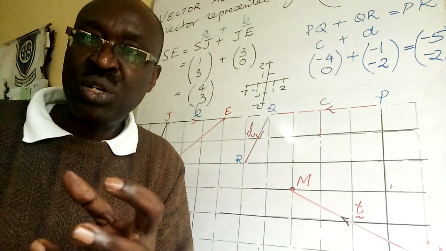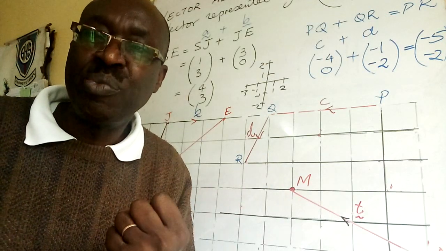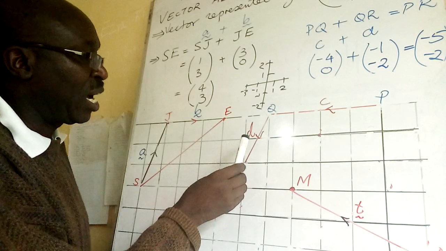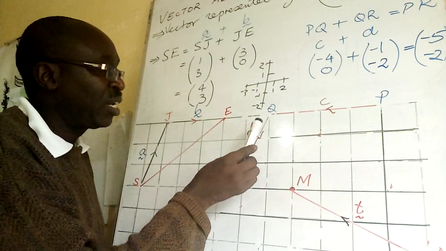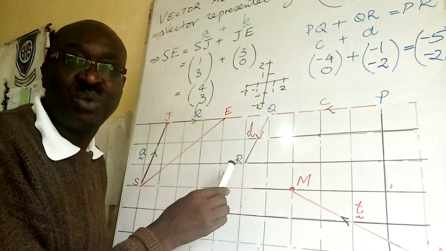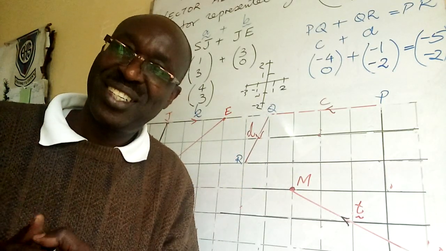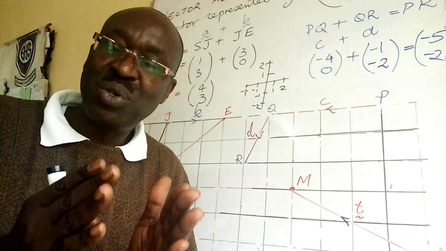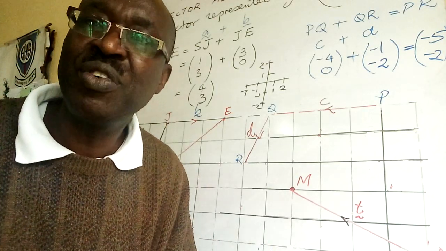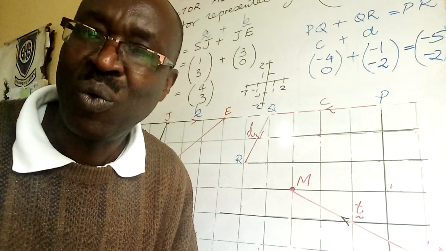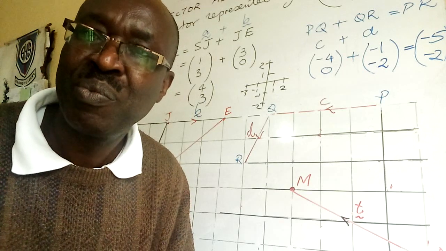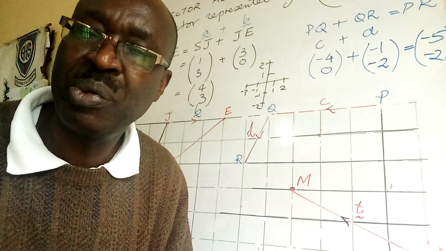Our objective was to extract movement in Cartesian plane. A movement like this, QR, is negative 1, negative 2. That is the purpose. Okay? So once you know how to extract movement for vectors, then see if you can add them. When you add them, what is that sum for? What does it represent?